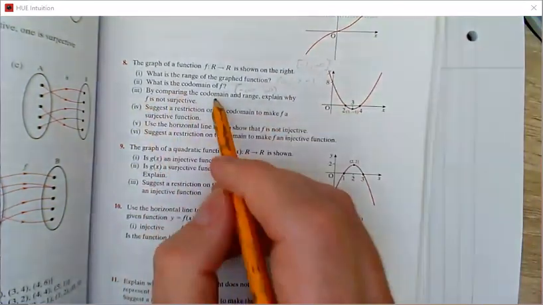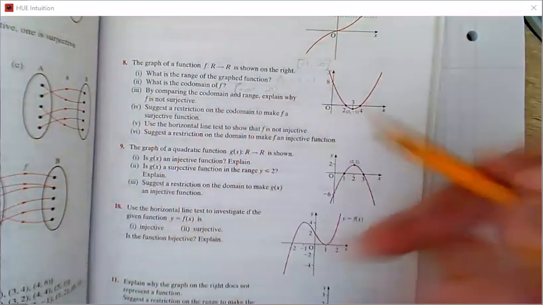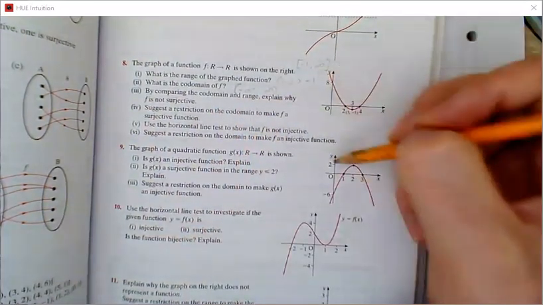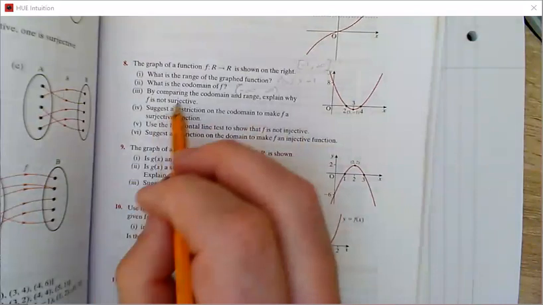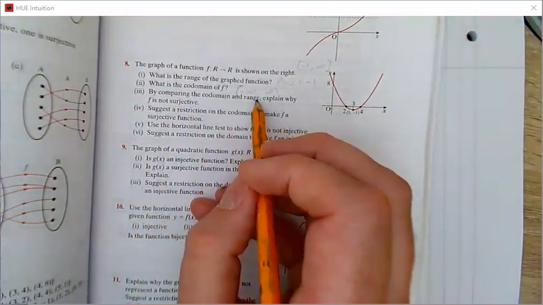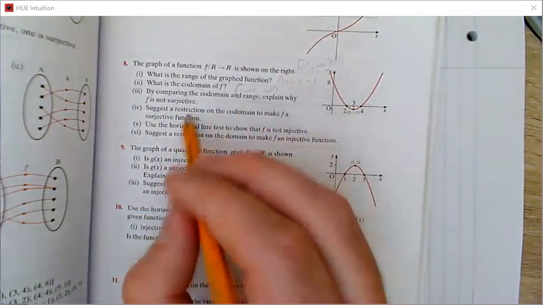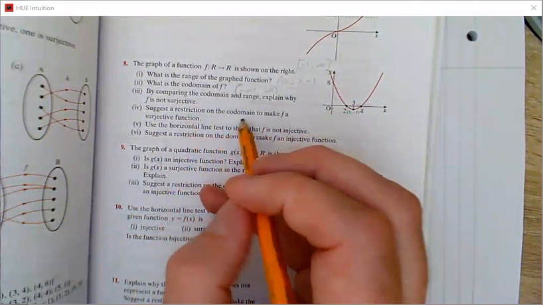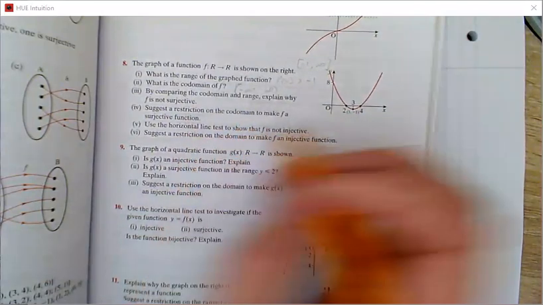By comparing the codomain and the range, explain why f is not surjective. So the codomain, remember, is all of the possible outputs. Well, because the codomain and the range are not equal, and in order to be surjective, you need an equal range and codomain. Suggest a restriction on the codomain to make f a surjective function.